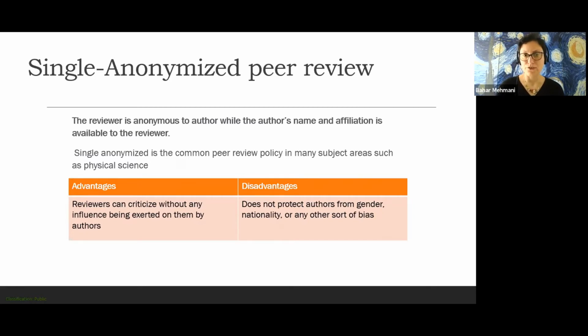But the disadvantage is that the process leaves reviewers with lots of room for all kinds of biases that can play a role in the process, because knowing the author's name can help reviewers also guess their country, and their affiliation is also available, and that opens the door for all kinds of biases.